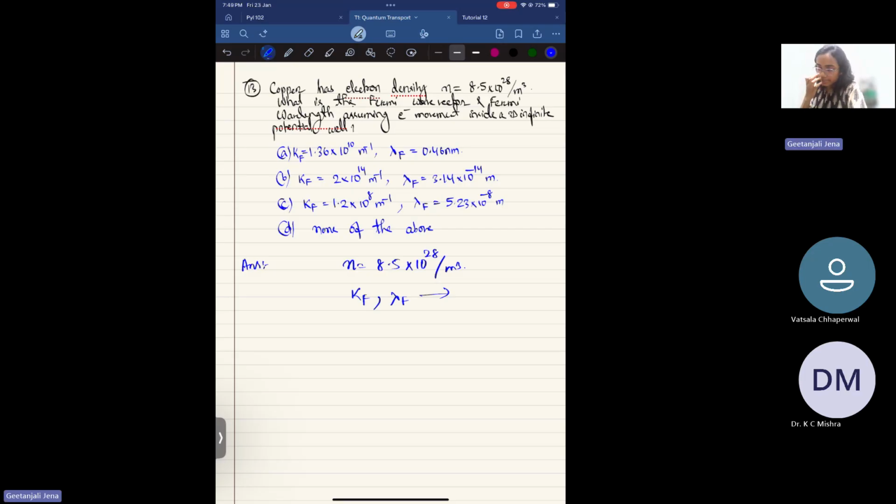If you recall the 3D case, there is a relation kf = (3π²n)^(1/3). N is already given to us, so we can directly calculate the Fermi wave vector.